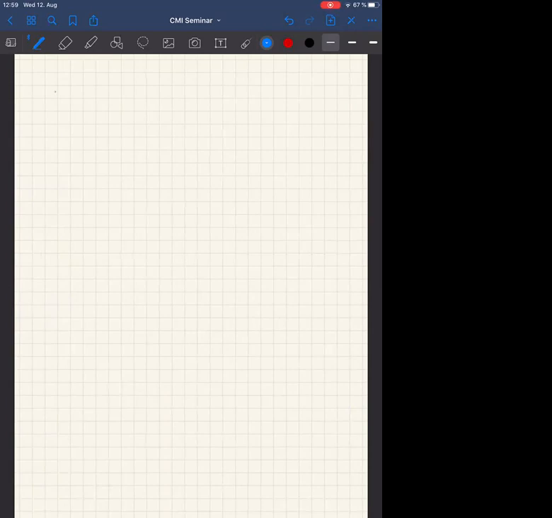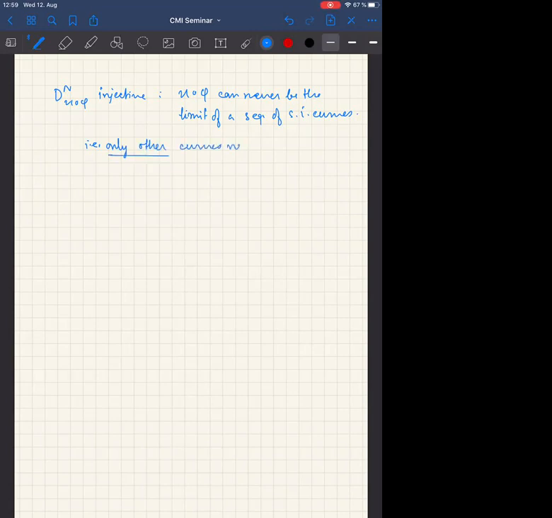So again, let me just repeat that. This injectivity really means that U composed with phi can never be the limit of a sequence of somewhere injective curves, which is the same thing as saying that the only other curves near U composed with phi are other branched covers.